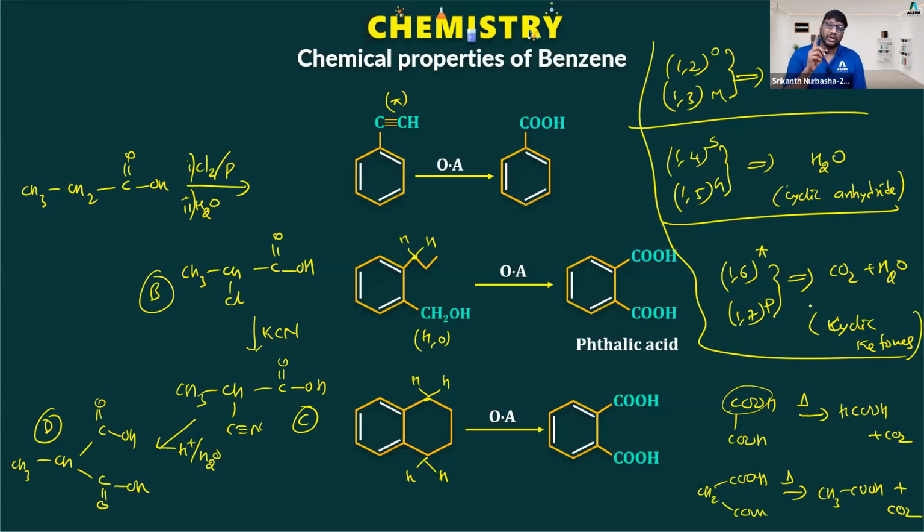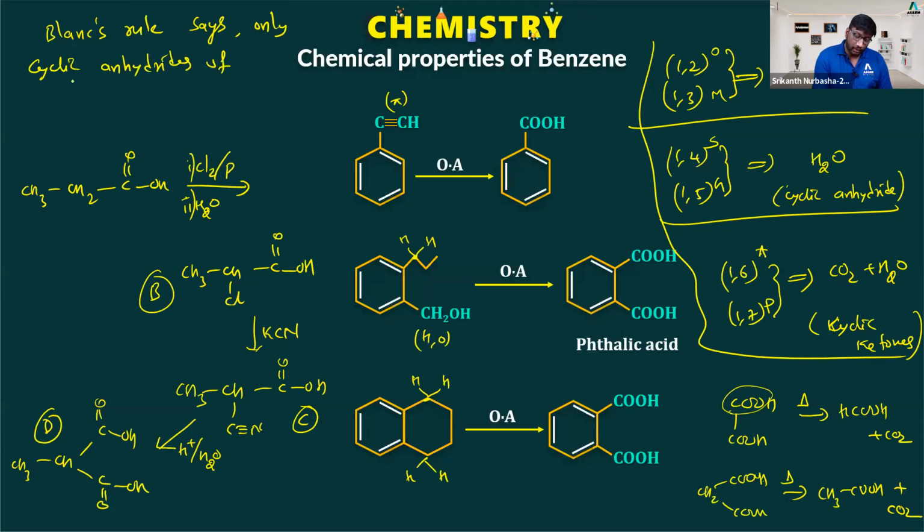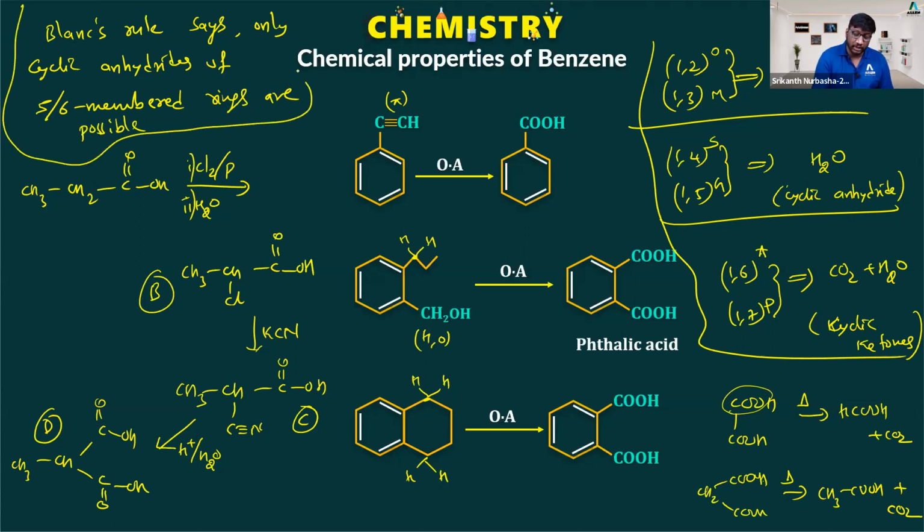Only cyclic anhydrides of 5-membered or 6-membered rings are formed, which is Blanc's rule. A higher cyclic anhydride, of a 7-membered ring, is never formed. Rather, with 1,6 dicarboxylic acid you have the loss of water as well as carbon dioxide. The mechanistic approach we will discuss in carboxylic acids and derivatives.